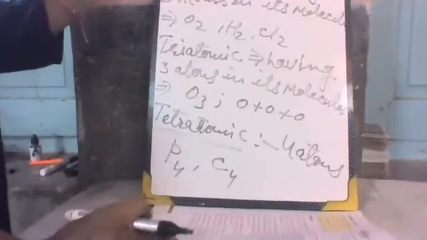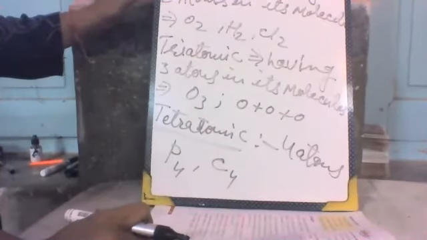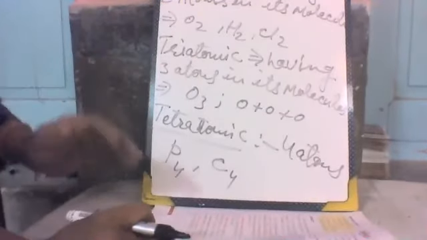So these are the different kinds of molecules having different numbers of atoms in its molecule: monoatomic, diatomic, triatomic and tetraatomic. The number of atoms present in its molecule is known as atomicity.